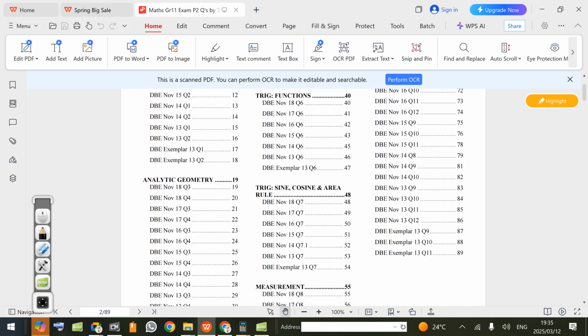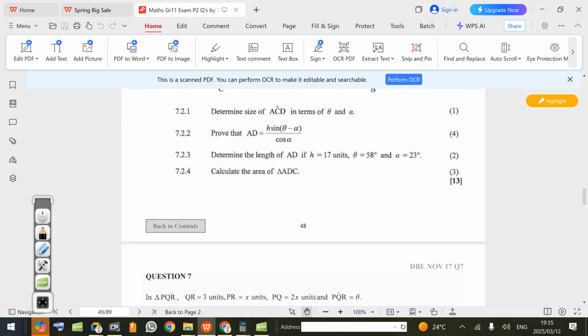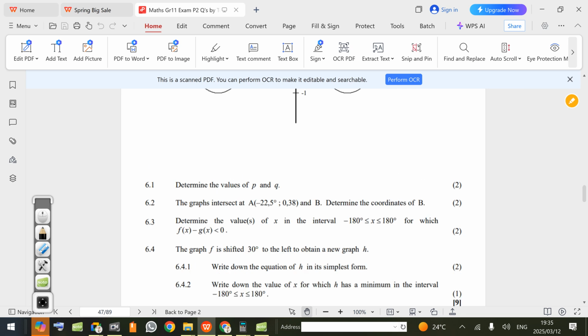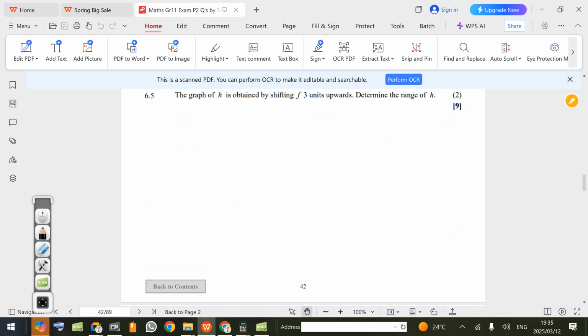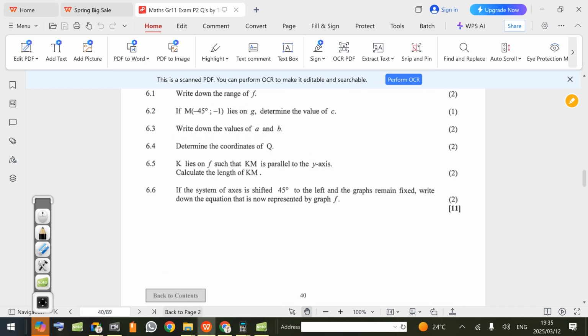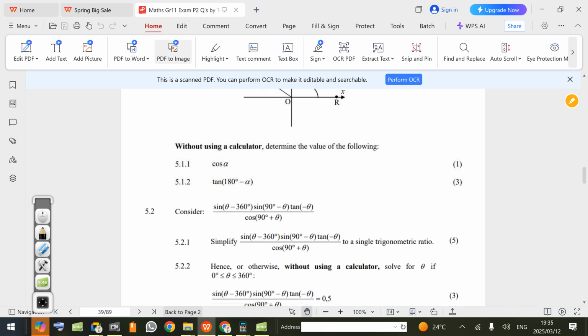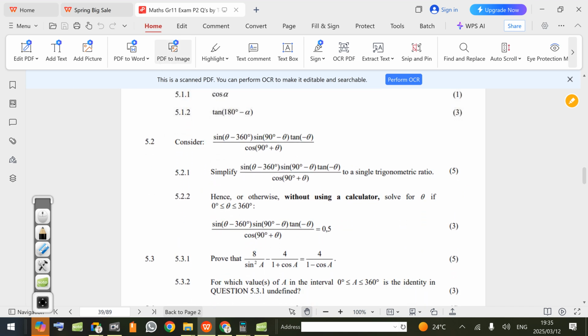Let's see, where is my trigonometry, page 48. Beautiful. How will they ask us this question? And once we get this right, quadrants becomes very easy. These are graphs. Oh, there we go.